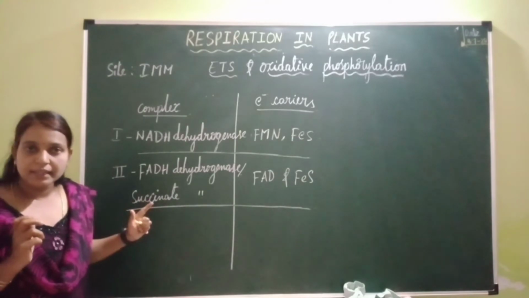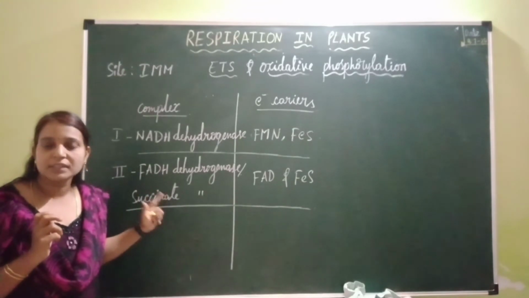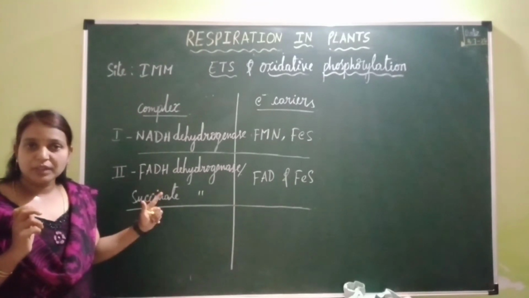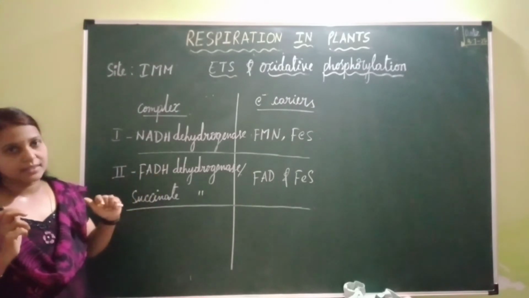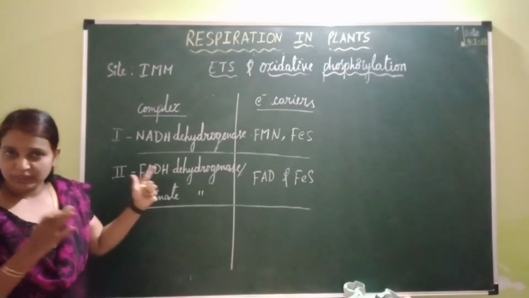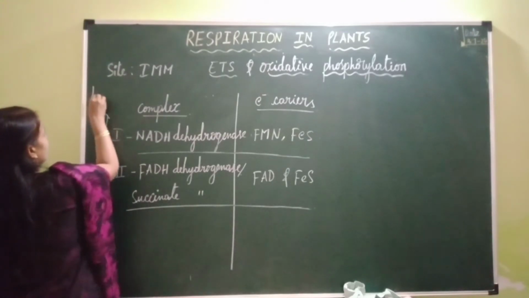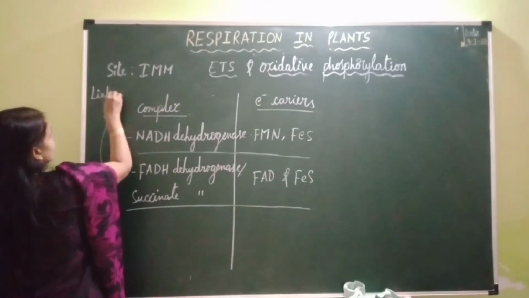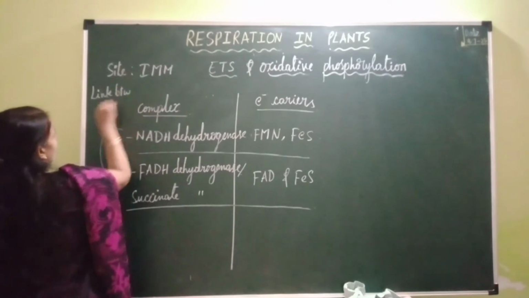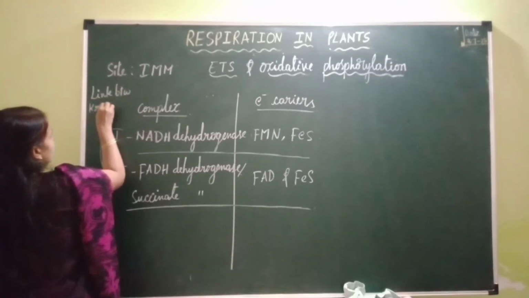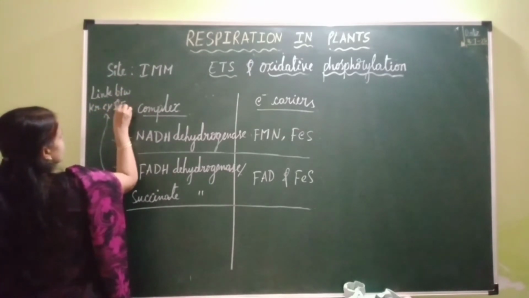So the second complex forms the link between both the Krebs cycle and ETS.